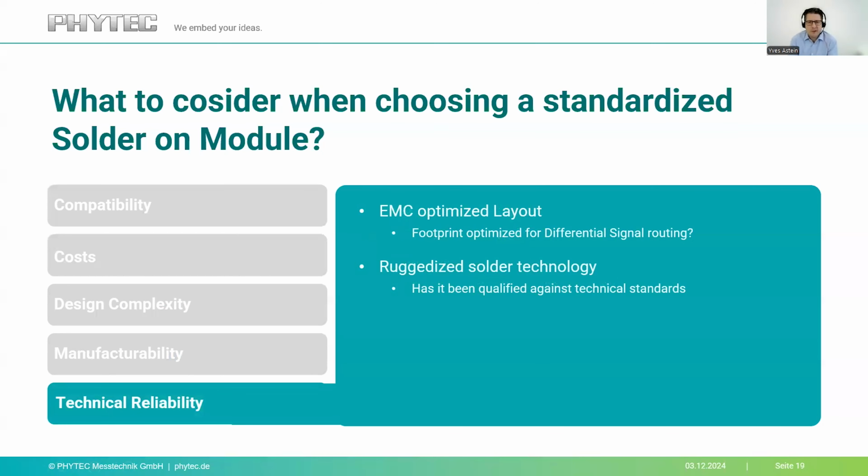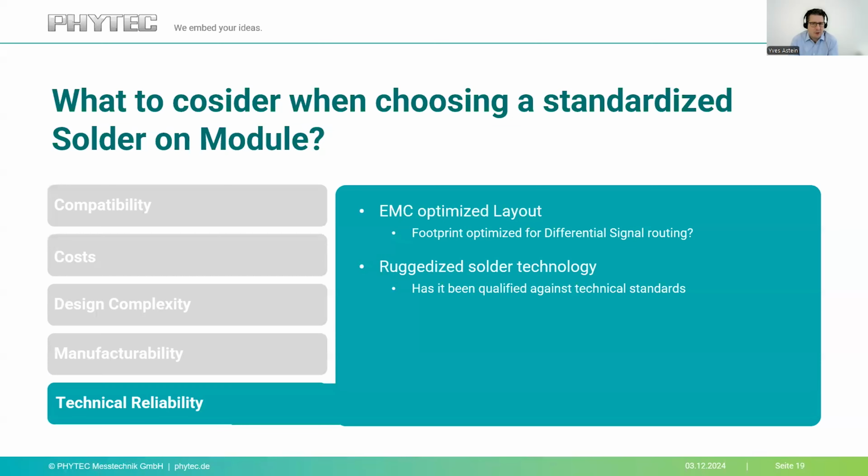Technical reliability. EMC optimized layout is important. The footprint needs to be optimized for that. Not every footprint is optimized for differential signal routing, so you need to look at that also. And ruggedized solder technology.